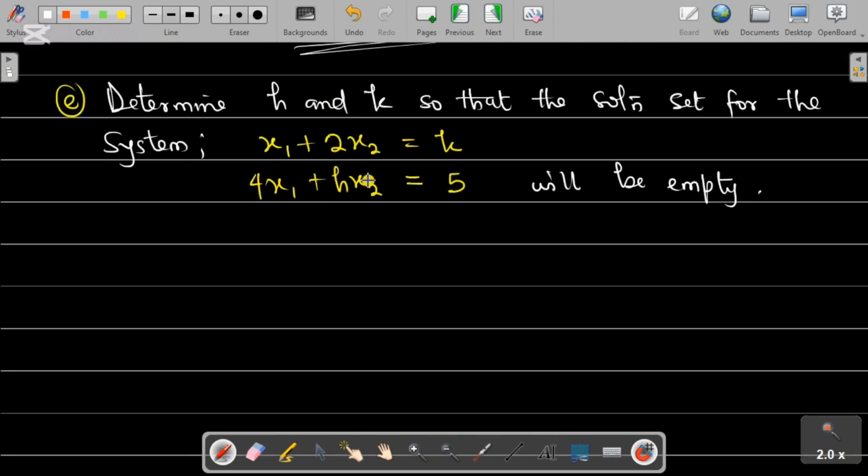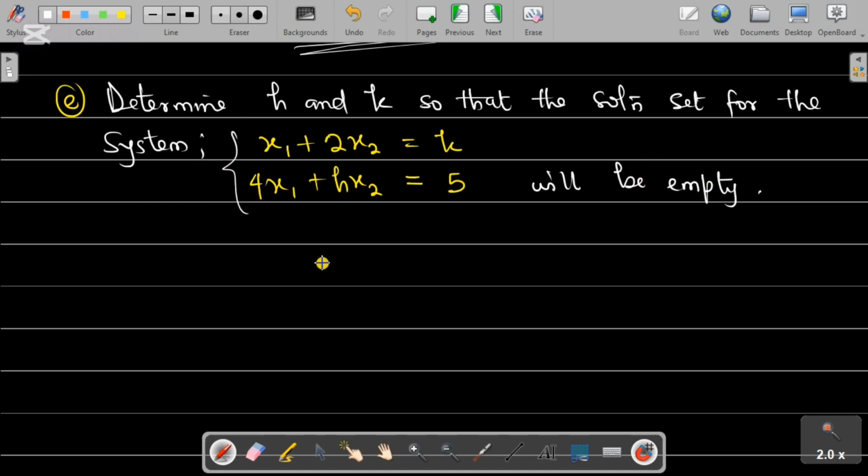Okay, so finally we have the E part, the last part of question 2. They say determine the values of H and K so that the solution set for the system is empty. What's a system of equations?